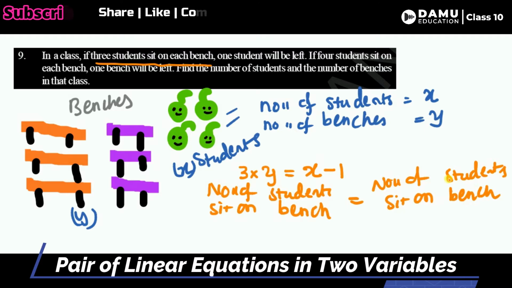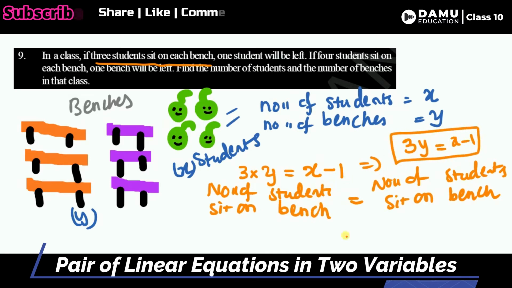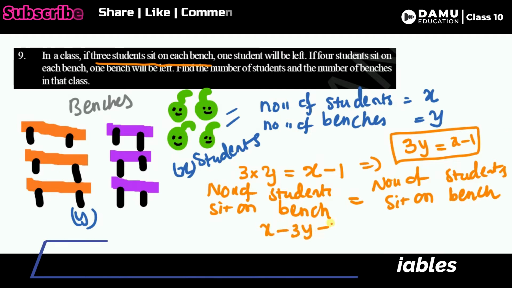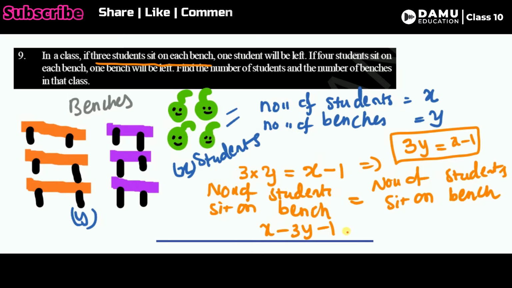This is the case in terms of the bench variable, and this is the case with the students variable. That will be equal to 3y equals x minus 1. So this is the first case. You can write it as x minus 3y minus 1 equal to 0. So this is the first equation.